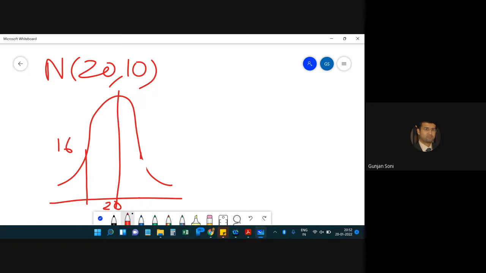Find the probability that a randomly selected case meets the guarantee. Guarantee means more than 16 hours. So I have to find the probability that a randomly selected sample of 24 units has greater life than 16 hours. That's what I want to find out.